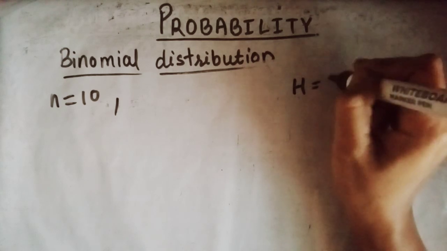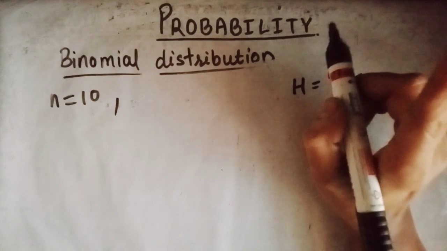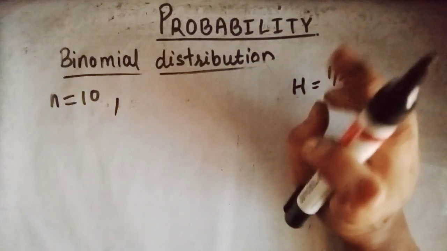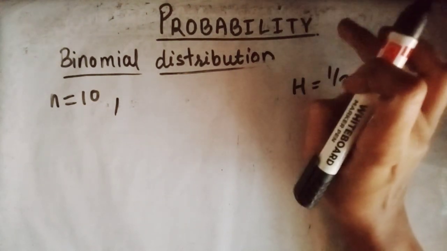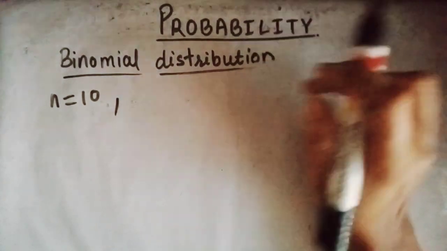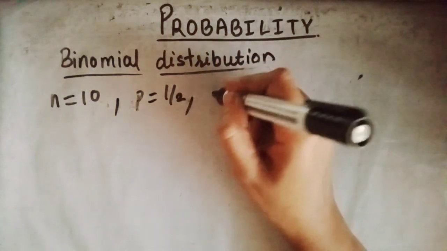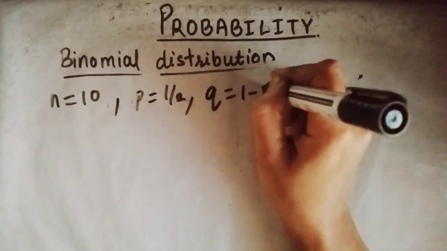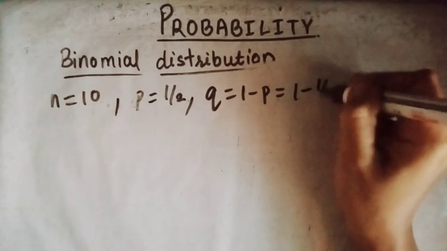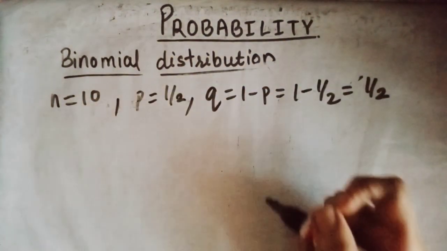The probability of getting a head will be half. They have asked for heads, so the probability of success p will be half, and q is 1 minus p, so 1 minus half, which is half. So we have this information.